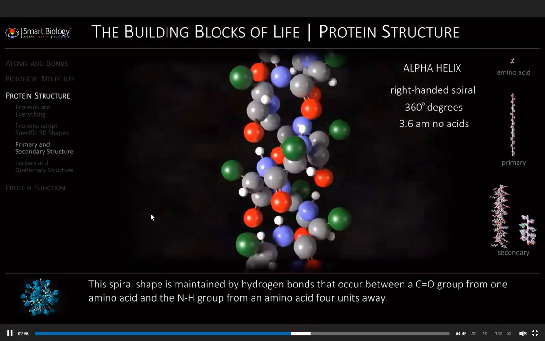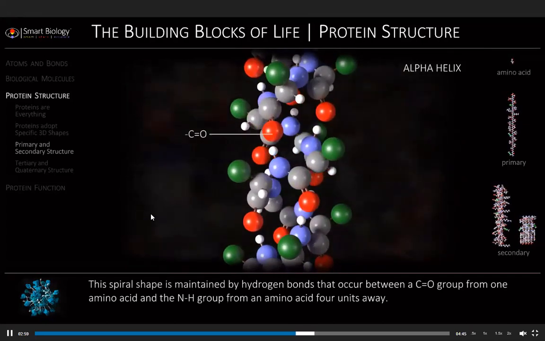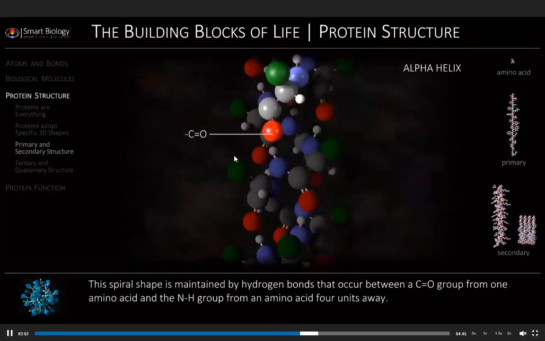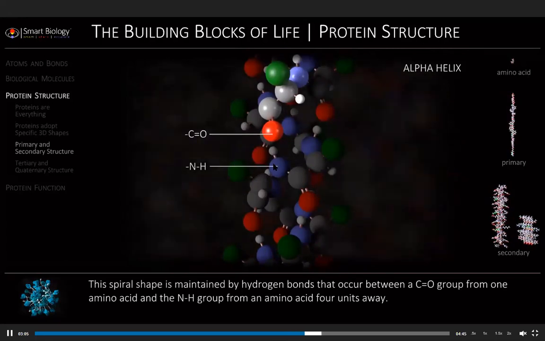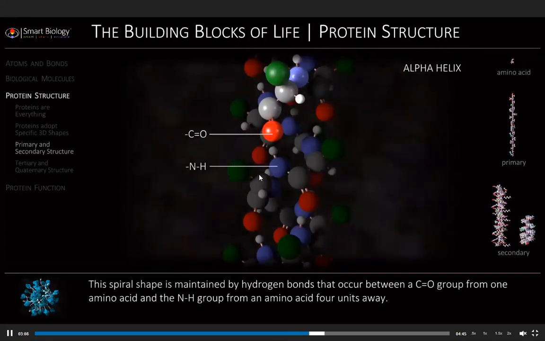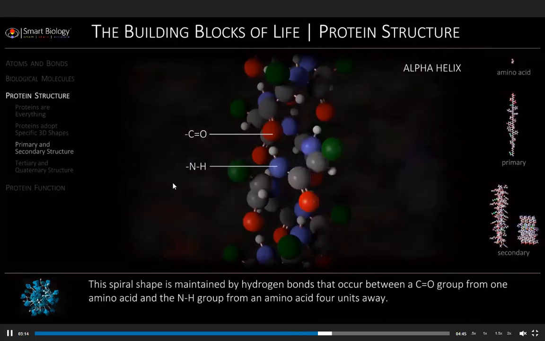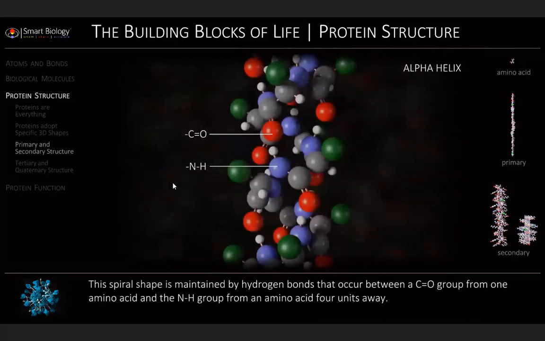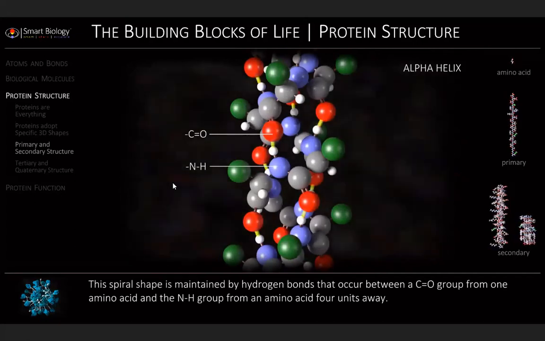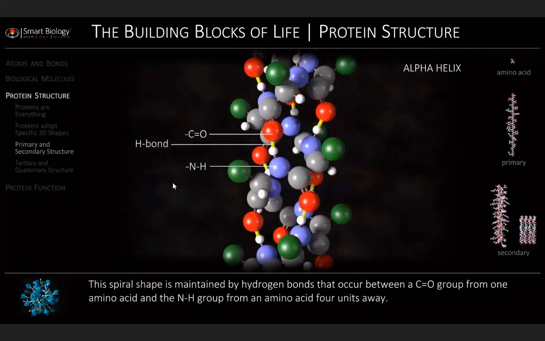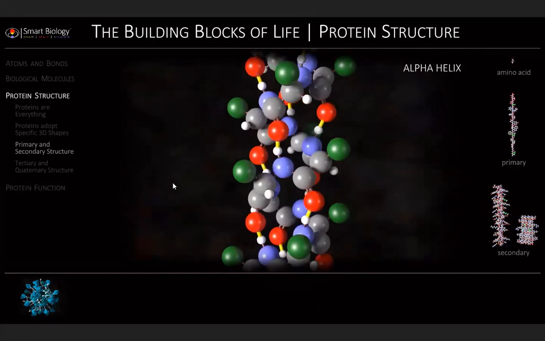Here the hydrogen bonds occur between the CO group of one amino acid and the NH group of another amino acid 4 units away. So it's not the adjacent one, but 4 amino acids away: the first amino acid, fourth amino acid, eighth amino acid, and so on. This is the hydrogen bond that gives us the alpha helical structure.